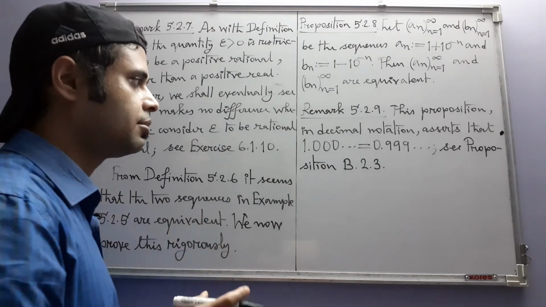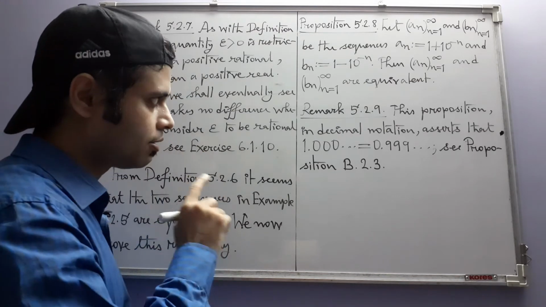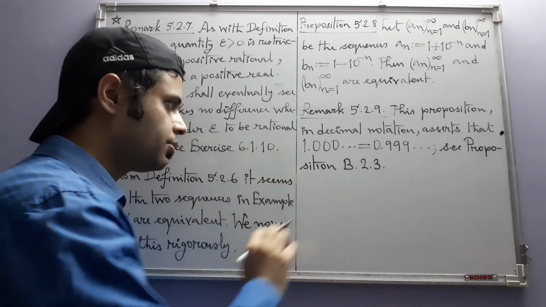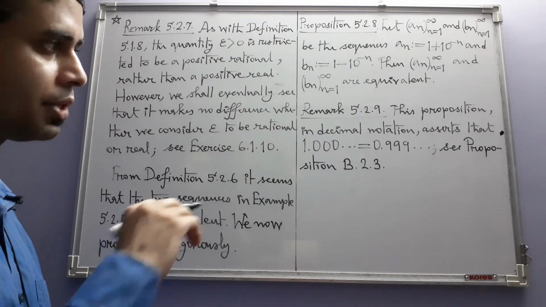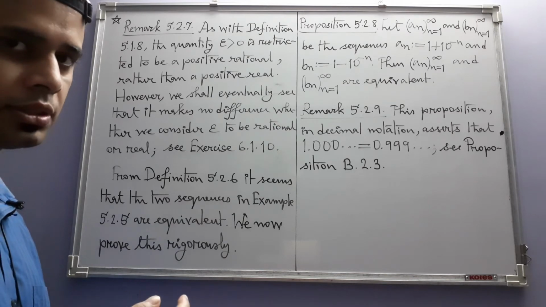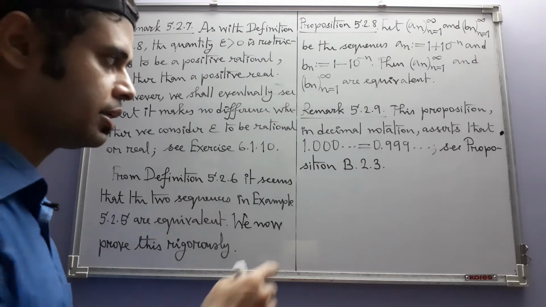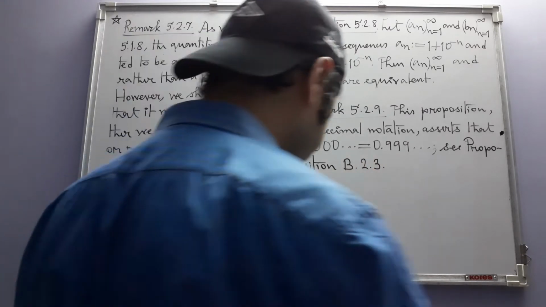But since we are very familiar with decimal notation, the author has devoted some appendices to that topic. So after going through the whole Analysis 1, there are appendices, we will look at them. So it's from there that this thing is coming as a proposition.